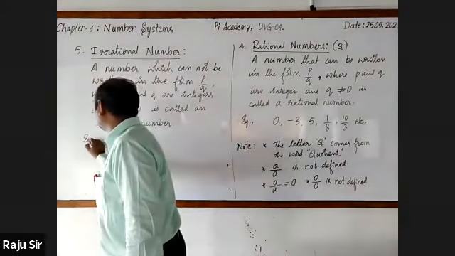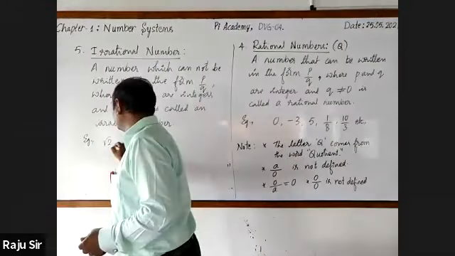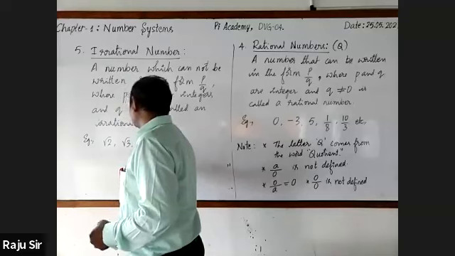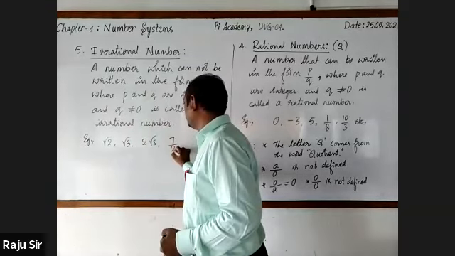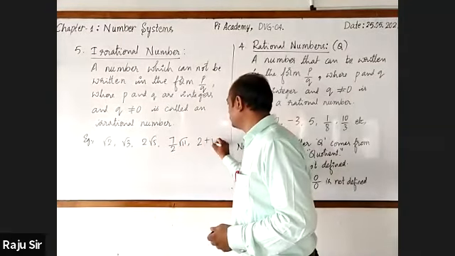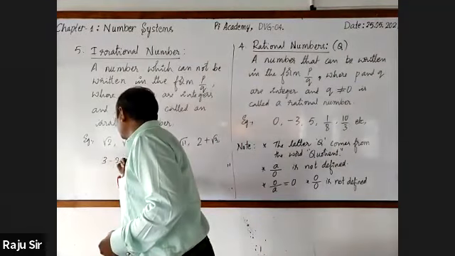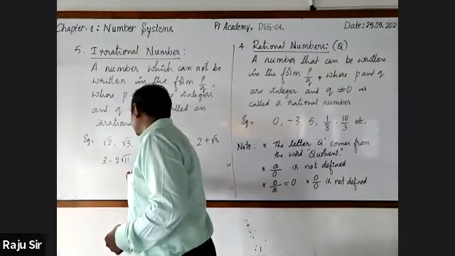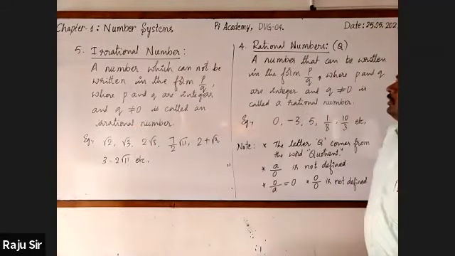Examples. Go and write it with me. It is root 2, root 3, then 2 into root 5, 7 by 2 into root 11, 2 plus root 3, 3 minus 2 root 11, etc. These are all irrational numbers.